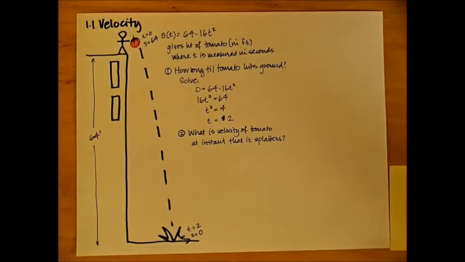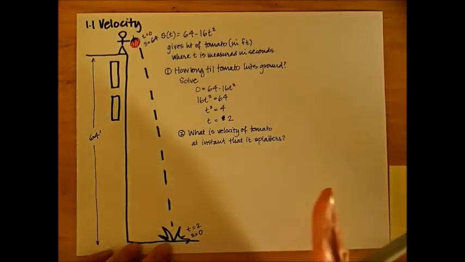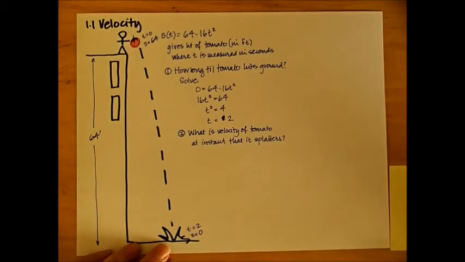And you can say, oh, I was going 60 miles an hour when I crashed into that brick wall. So if the tomato had a speedometer on it, what would the reading be at the instant that it hit right here?